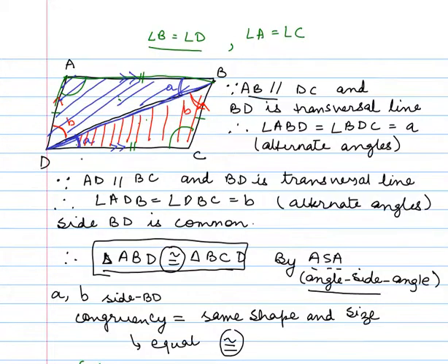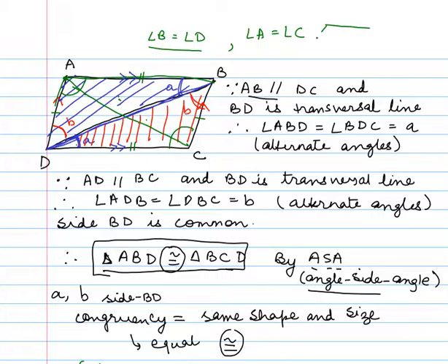Now these two properties can also be proved with the help of the second diagonal also. If somebody says why only BD, I need to draw AC. So you can prove these two properties of the parallelogram with the help of the other two triangles.